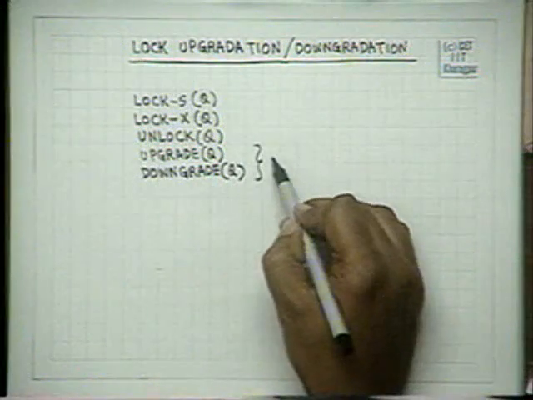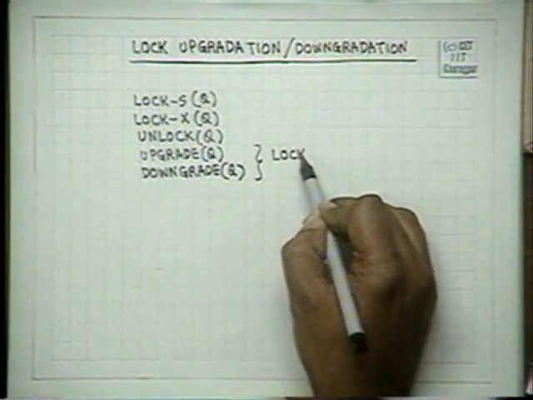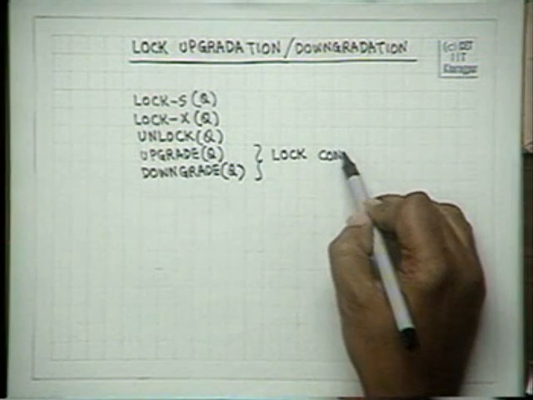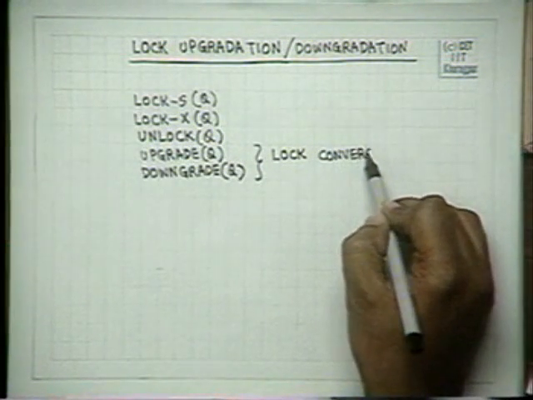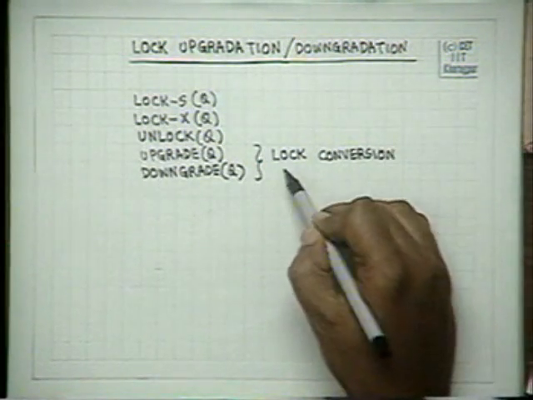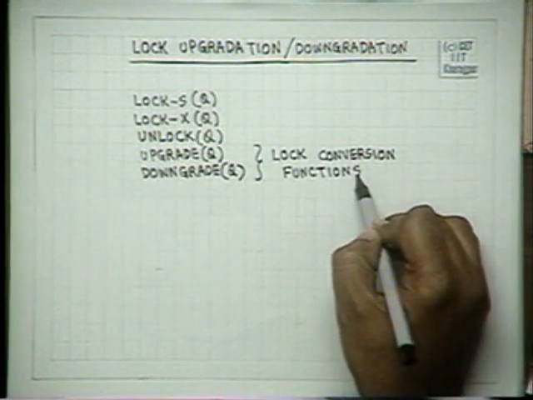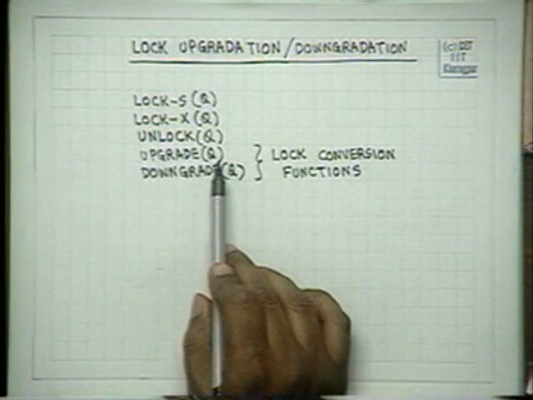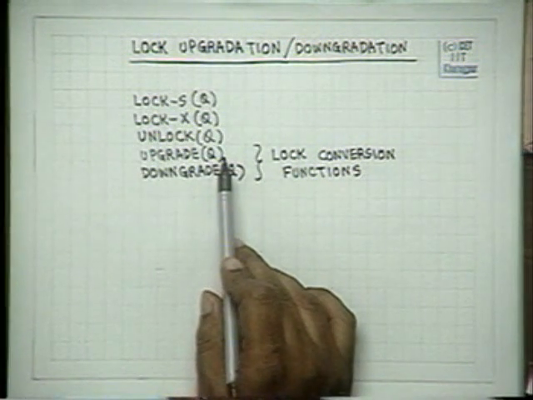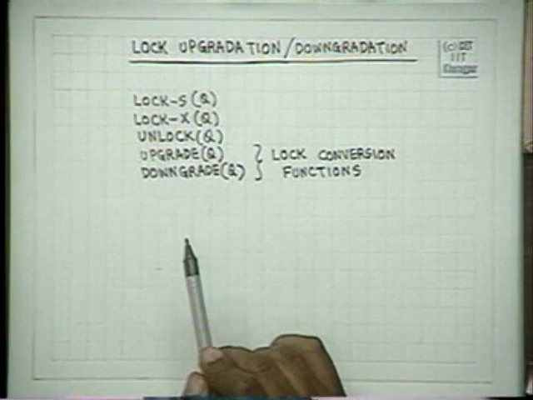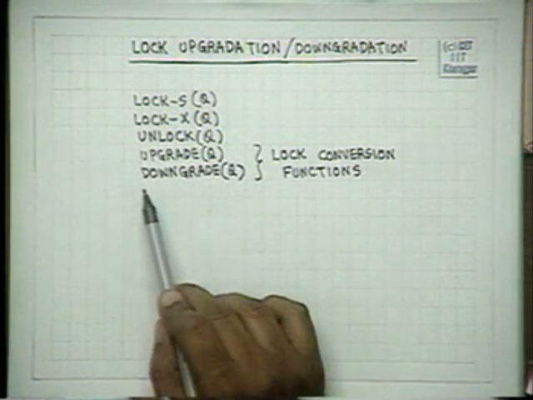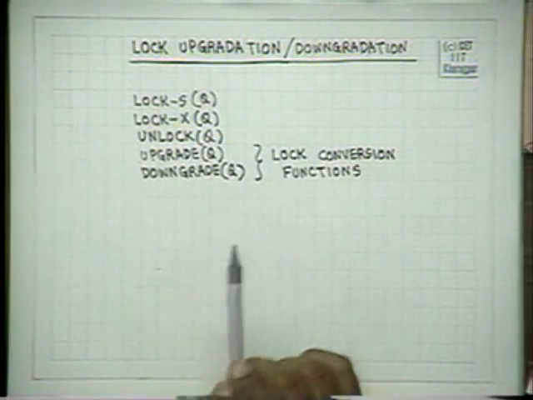These are called lock conversion functions. What does upgrade Q do? Upgrade Q converts a shared lock to an exclusive lock, and downgrade Q converts an exclusive lock to a shared lock.